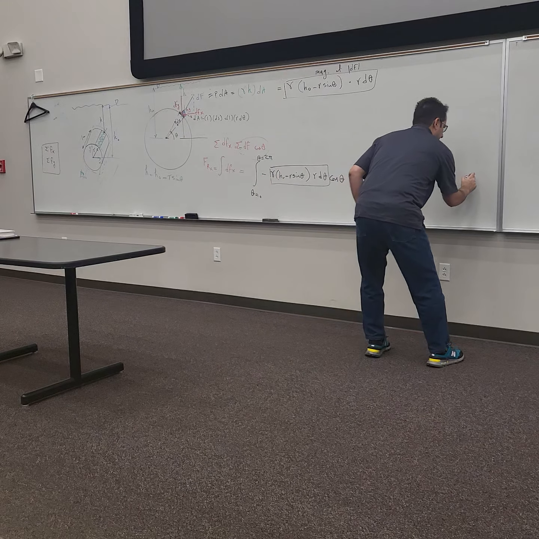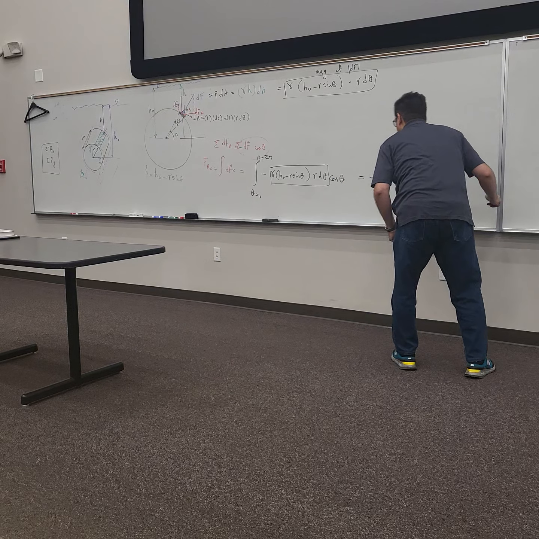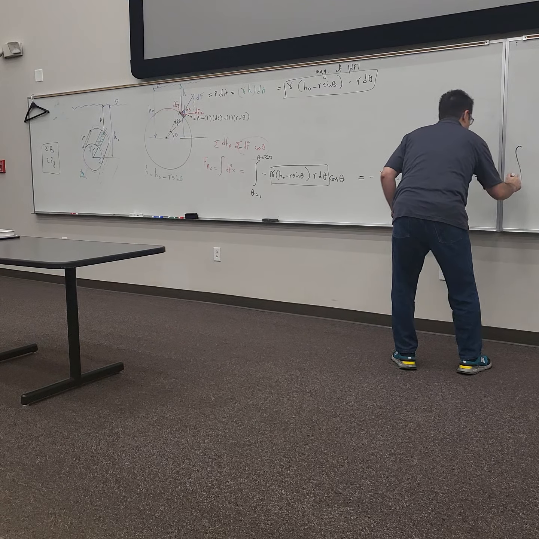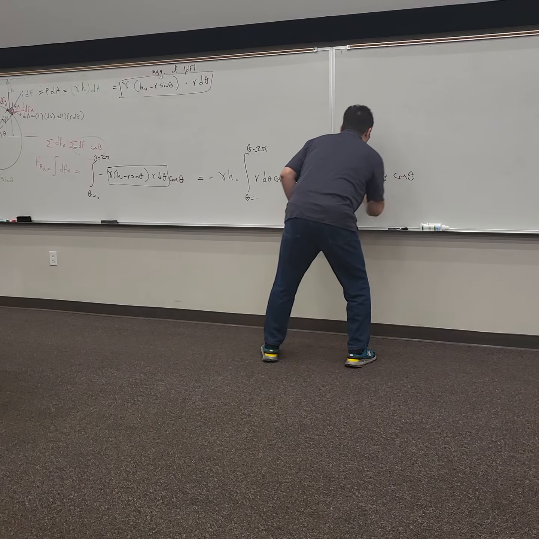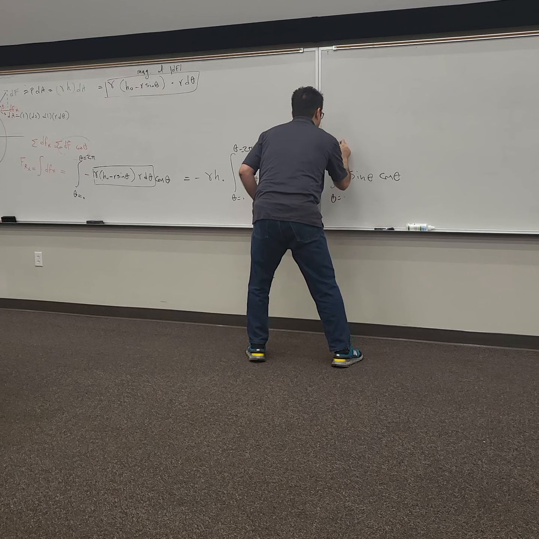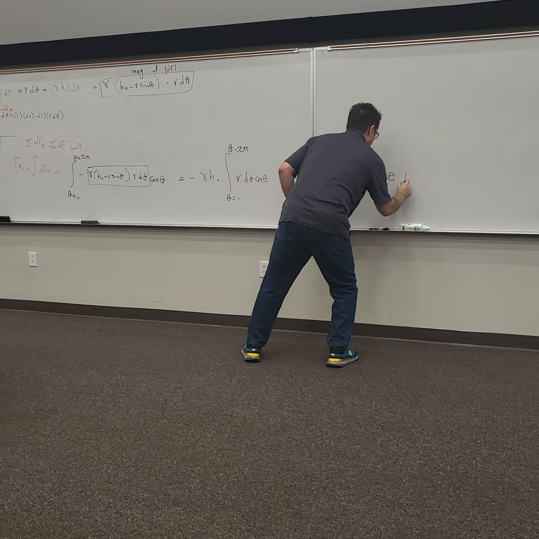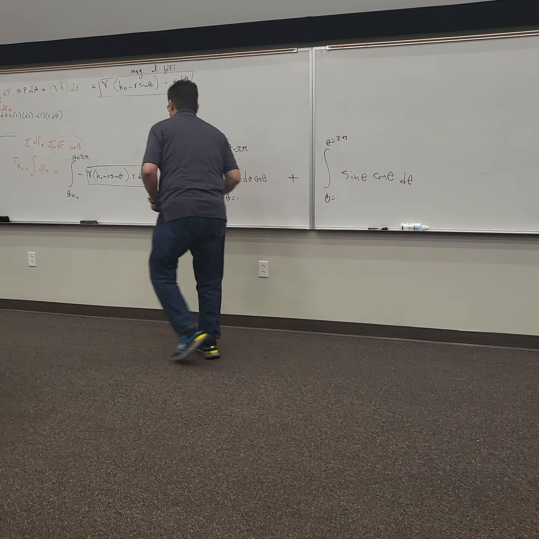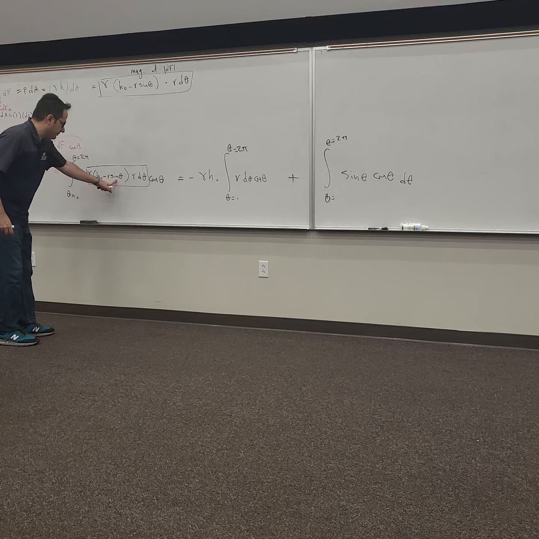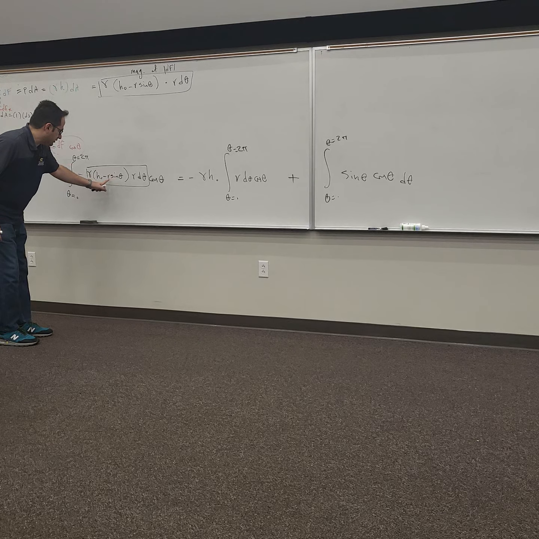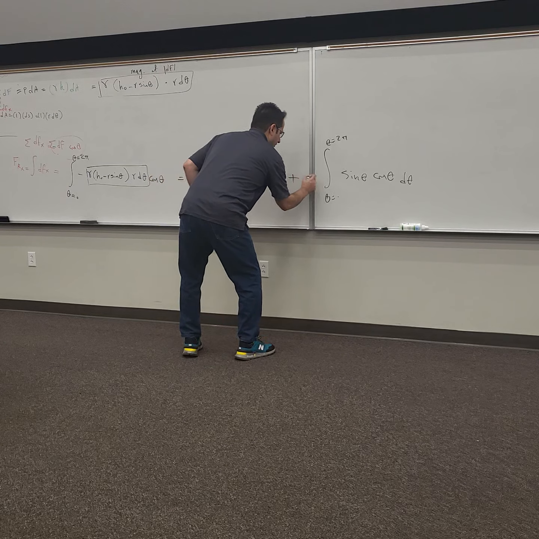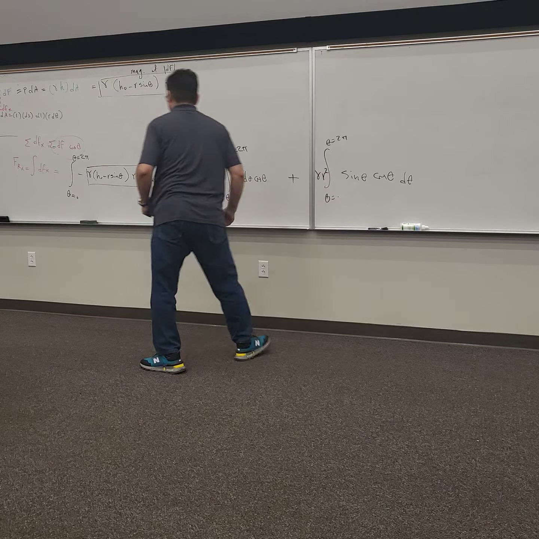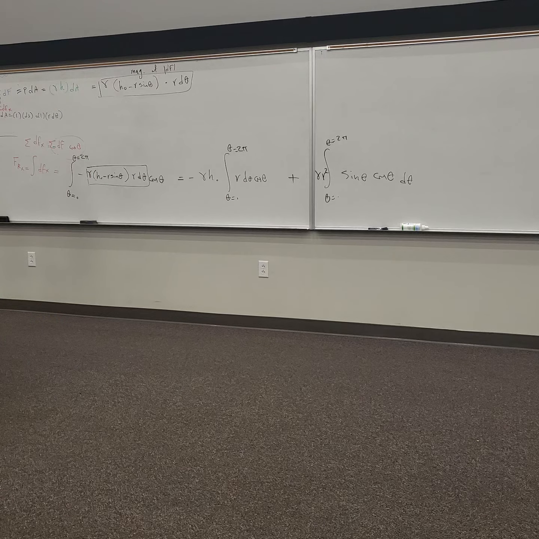And then plus, I write the rest of it here, integral of sine theta cosine theta from 0 to 2 pi d theta. And then only sine and cosine remain there. You get R squared, and it's positive. So positive gamma R squared.